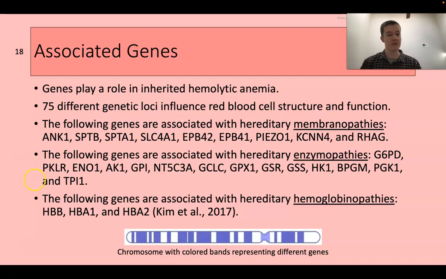All of the third bullet point there, all of those genes are associated with hereditary red blood cell membranopathies. On the fourth bullet point down, those genes are associated with hereditary red blood cell enzymopathies. And the last bullet point at the bottom of this slide, those genes are associated with hereditary red blood cell hemoglobinopathies. And so as you can see, a ton of different genes can contribute to the overall disorder.